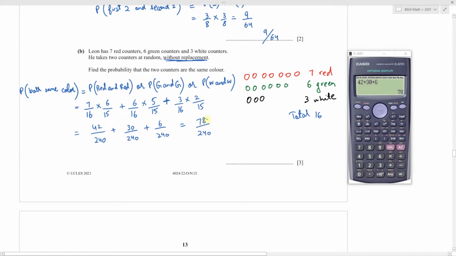I can cancel by 3. 3 times 2 is 6, 3 times 6 is 18, 3 times 8 is 24 and then 0. Then I can divide by 2. 2 ones are 2, 2 threes are 6 and then 40. So 13 over 40 is the simplest form. So this is the probability that if you pick two counters without replacement, both of them will be of the same color. So 13 over 40.